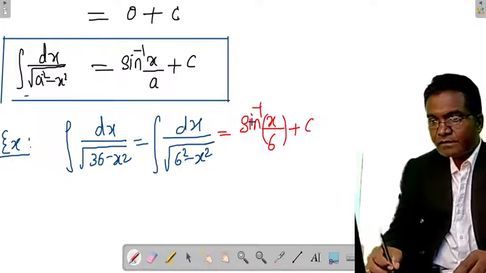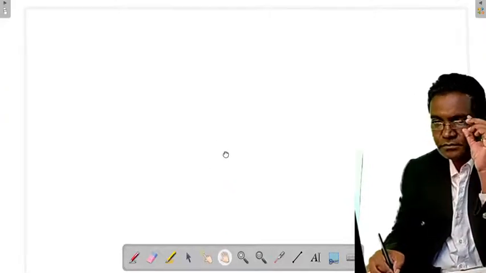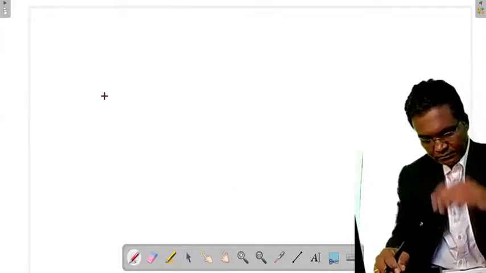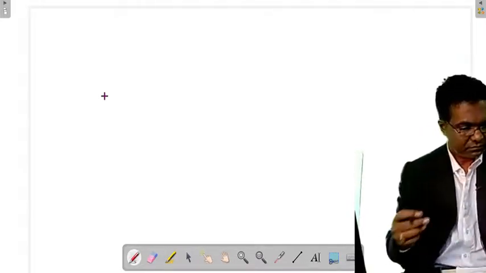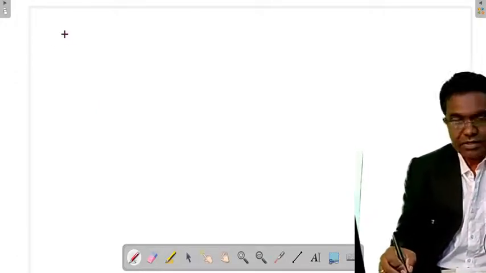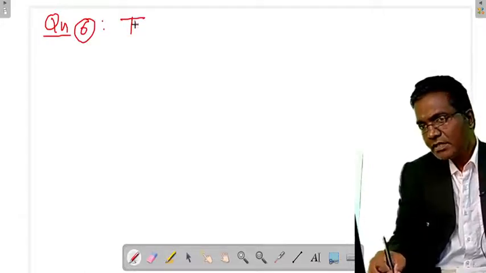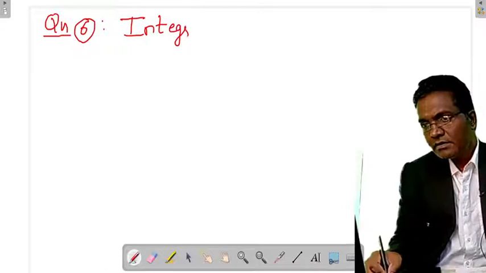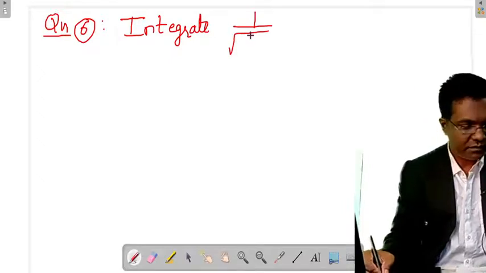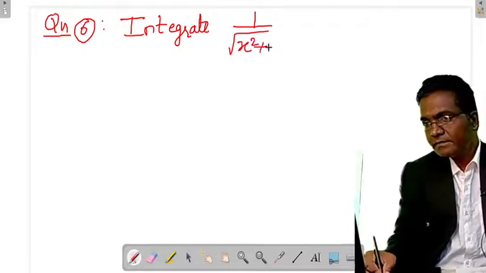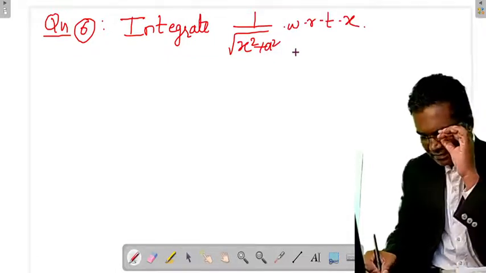So let's have another, the last type, that is the sixth one. Integrate 1 by square root of x square plus a square with respect to x.